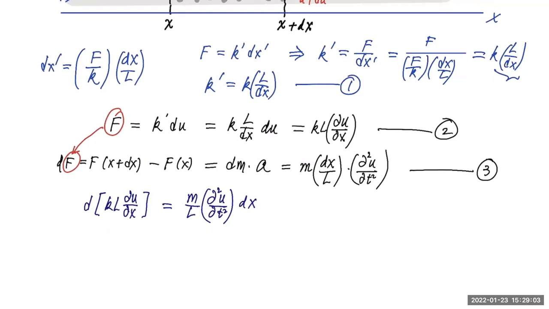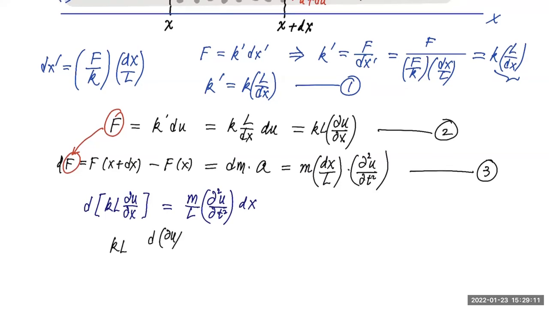I have kL, which is a constant. Take that out, and you have d of partial u partial x divided by dx. I'm moving dx from the right-hand side downwards, and that equals m over L times partial squared u partial t squared.